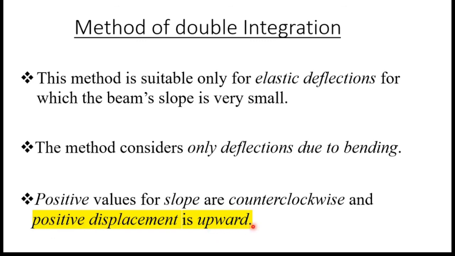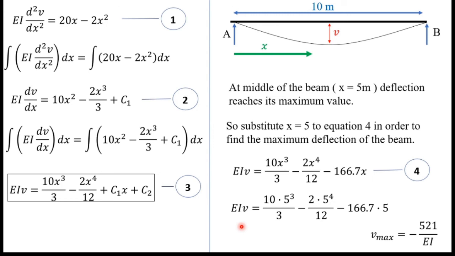So its opposite, negative displacement, is downward. In our case it's negative, that means displacement is downward. It's obvious now, you can see this is downward displacement because load is acting on the beam. So this is our final answer. V max equals minus 521 over EI and it is downward displacement.